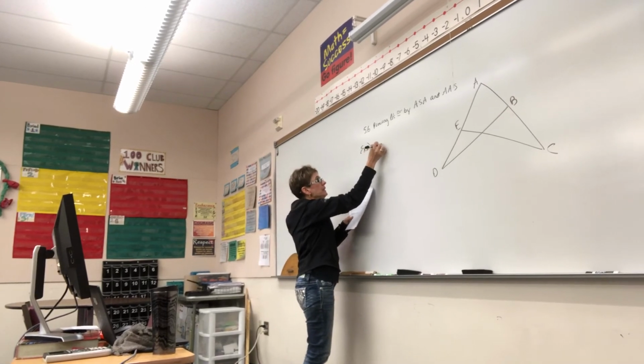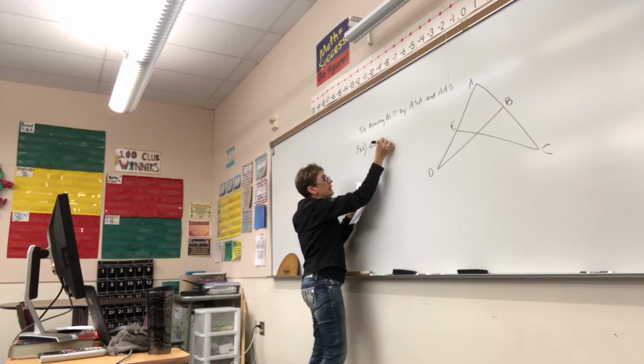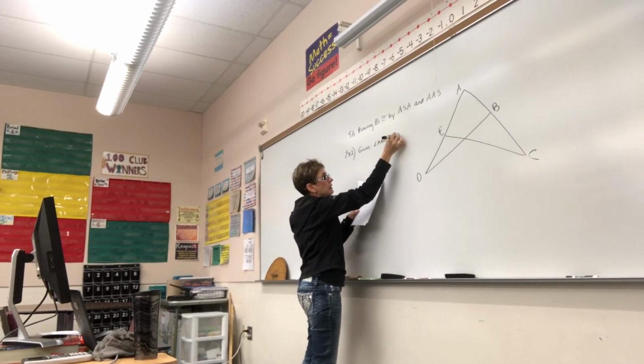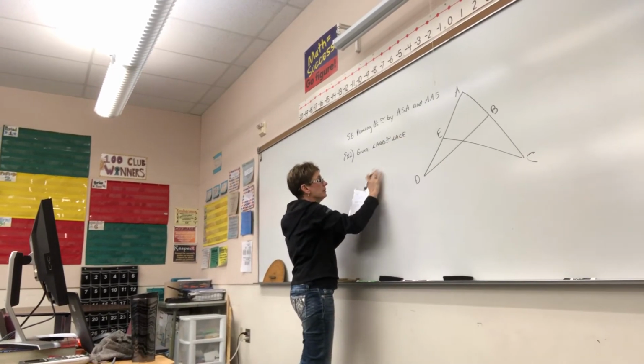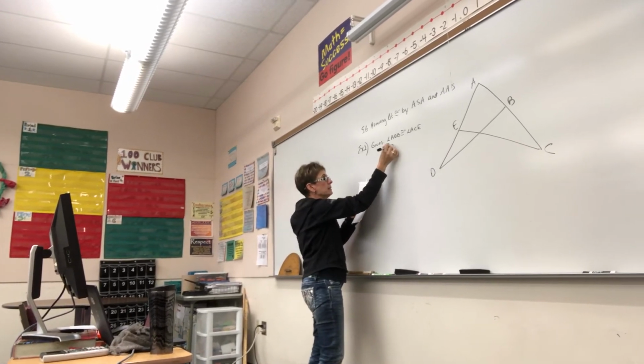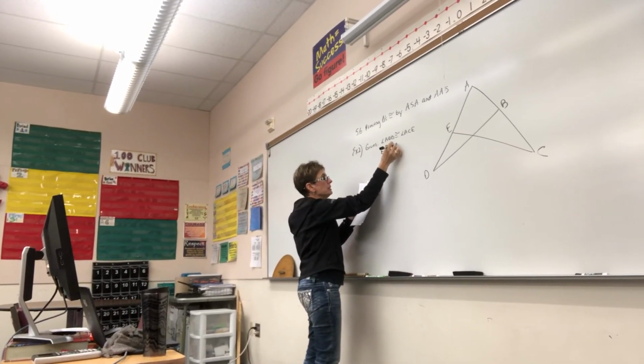So the given information is that angle ADB is congruent to angle ACE. We also know that segment EC is congruent to segment BD.